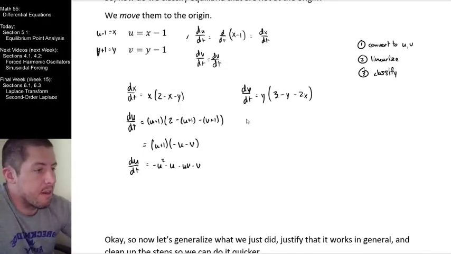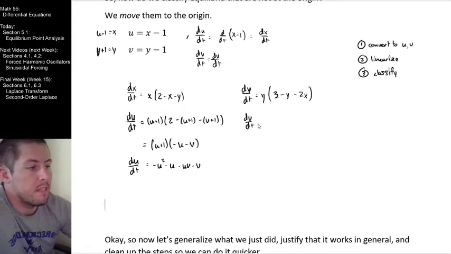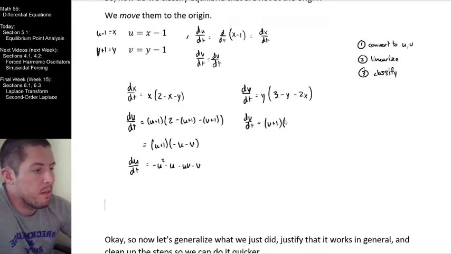Let's do the exact same thing for dy/dt. dy/dt I know is equal to dv/dt since it was just a constant shift. y is equal to v plus 1 times 3 minus v plus 1 minus 2 times u plus 1, which is what x is. Therefore dv/dt equals v plus 1 times 3 minus 1 minus 2, so all the constants cancel.